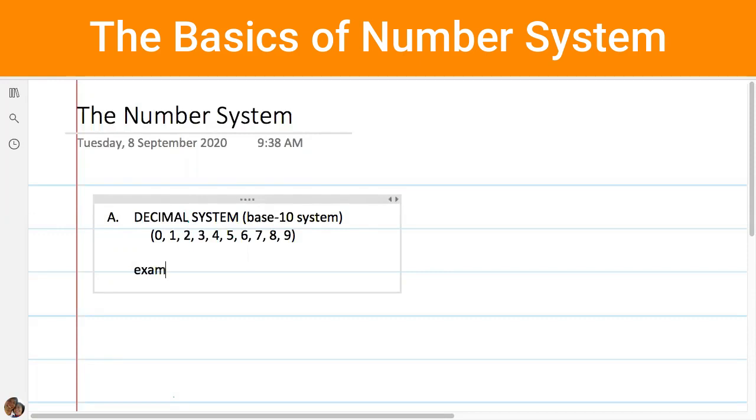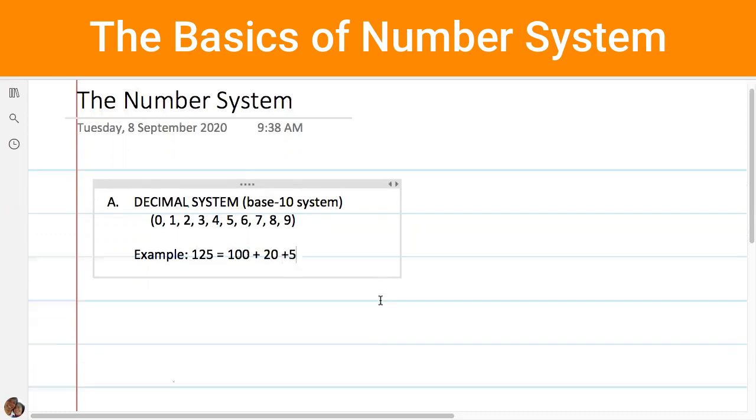For example, if I have here a number which is 125, it can be represented by 100 plus 20 plus 5. Now, let's go back to the basics.